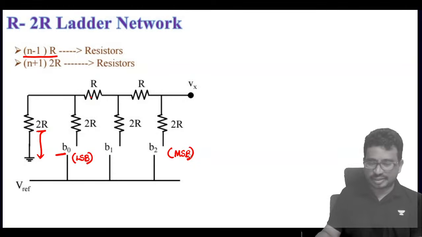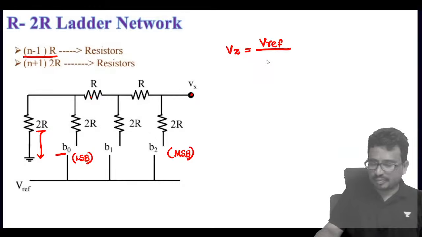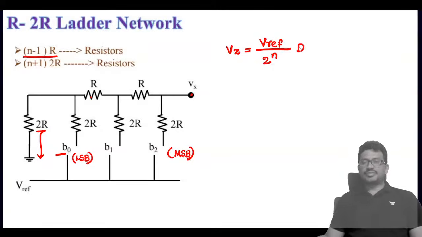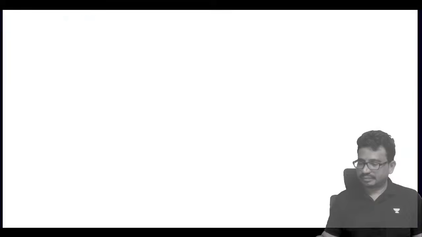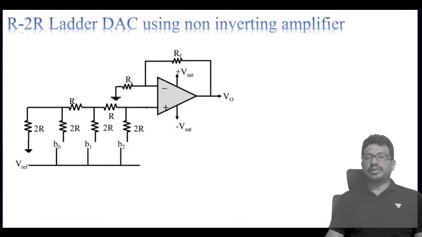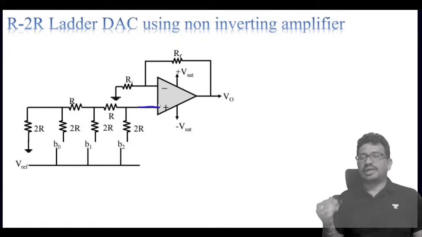In this case, what is the Vx value? We are not doing the derivation here. Vx will be V reference by 2 power n into D. Now, according to the type of amplifier, the output value changes. Here, input is given to which terminal? The non-inverting terminal.